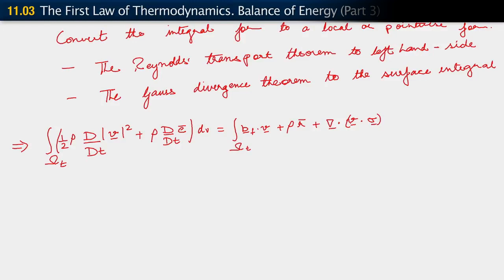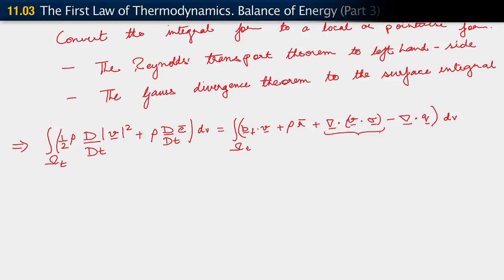That's how we're applying the divergence theorem. For the second term, which was just minus q dot n, the divergence theorem works out to be just minus divergence of q, all integrated over dV.